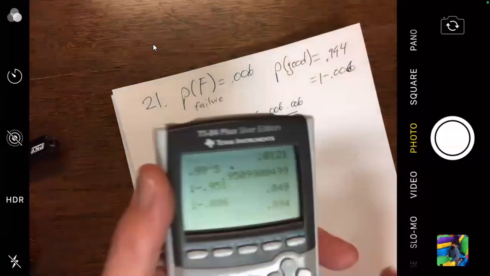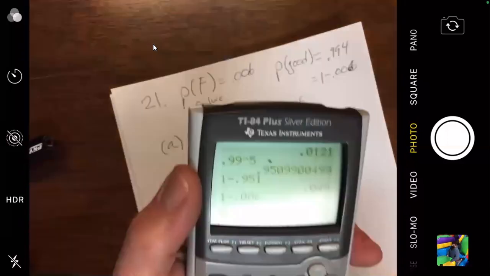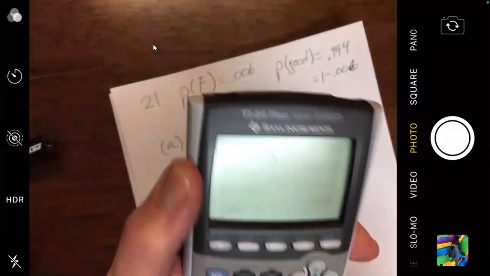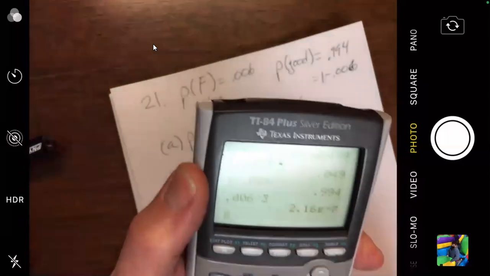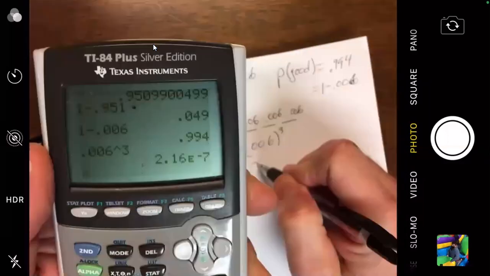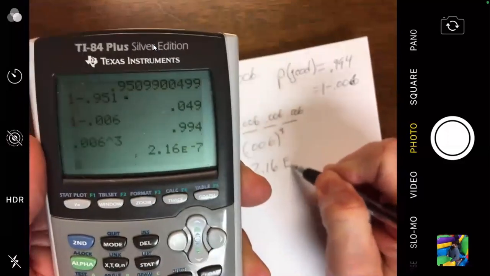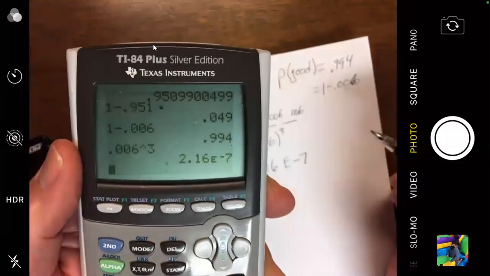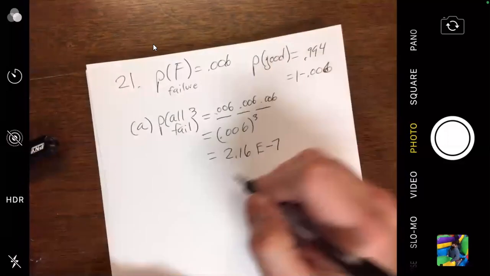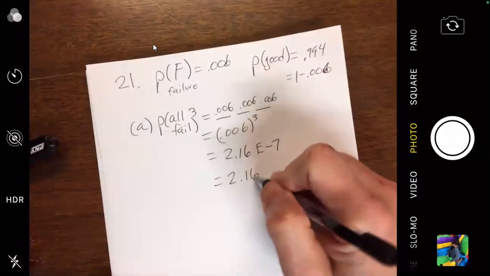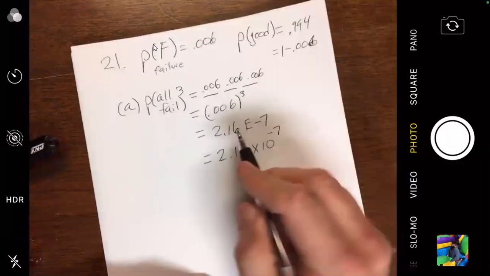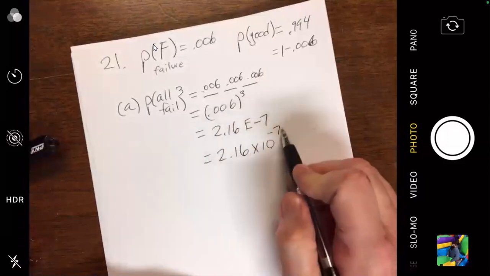In fact, the calculator probably won't give it to me straight. We'll have to explain what it does give me. 0.006 raised to the third power. Okay, notice what I get. I hope you remember your scientific notation. 2.16 e negative 7. All right, do you all remember your scientific notation? 2.16 is a way of writing very small numbers. The e stands for times 10 to the negative 7 power.